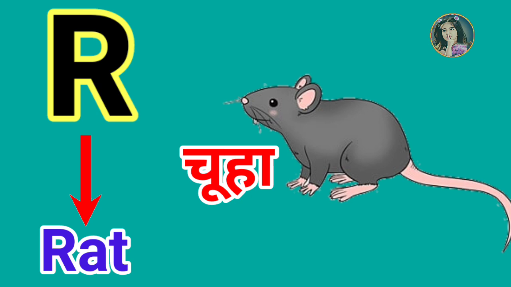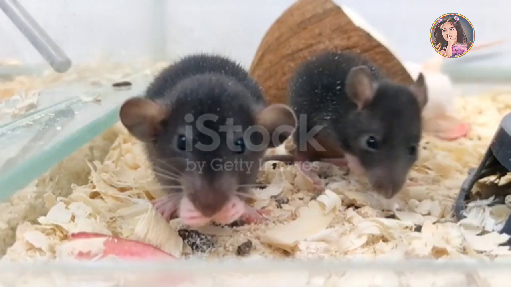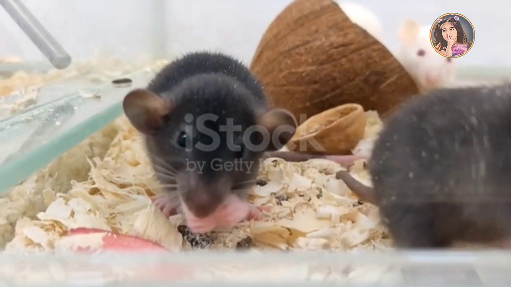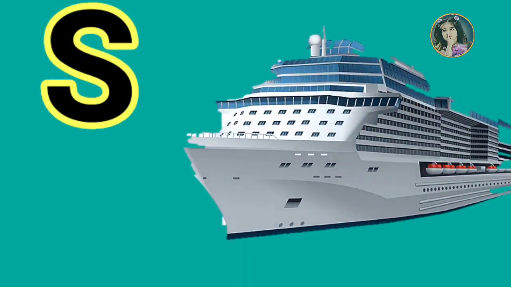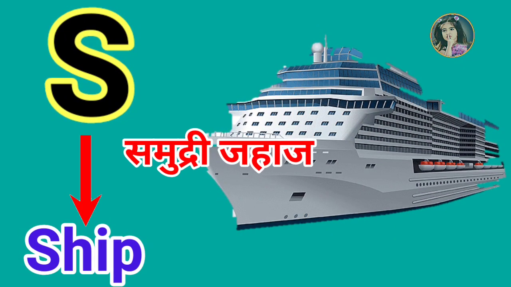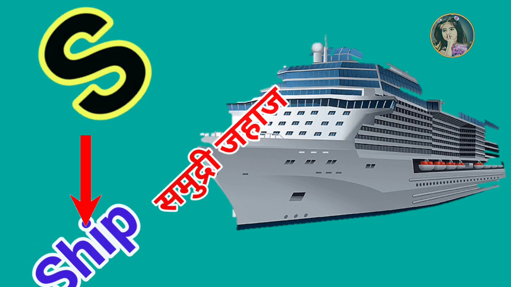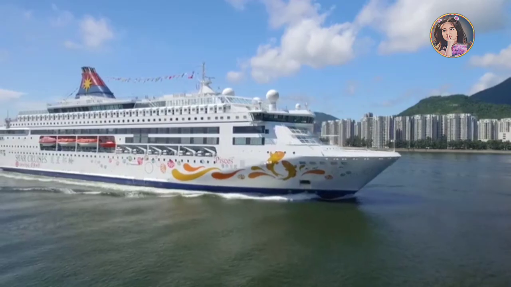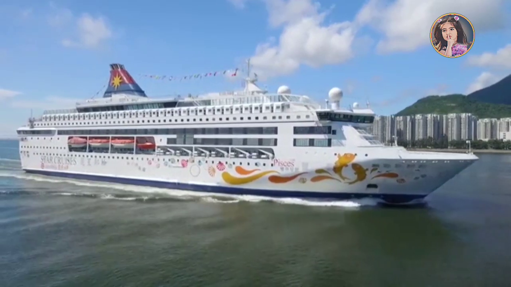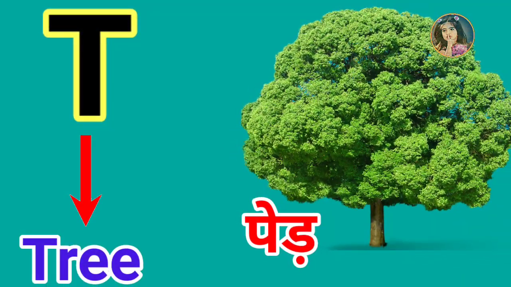Rat means chooha. S for sheep. Sheep means samudri jahaj. T for tree. Tree means पेड़.